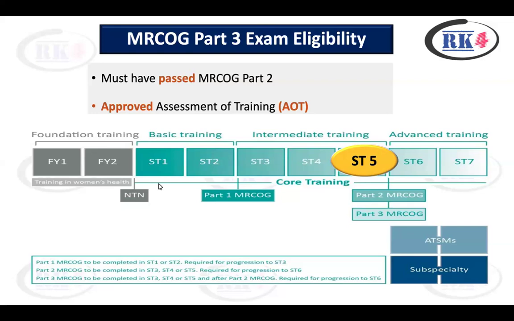But for MRCOG exams, don't forget, when you are performing in Part 3, that you need to involve senior people. You might need to involve ST6, ST7, specialist, or even the consultant. So there are people above you. So that's a very important step you need to understand, and you need to remember and not forget it during the exam. And that comes with the practice.